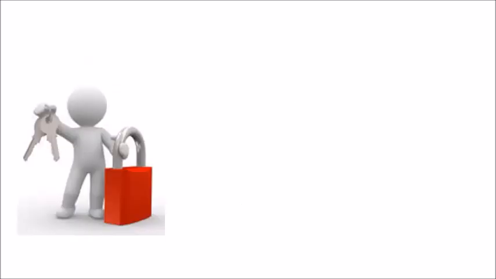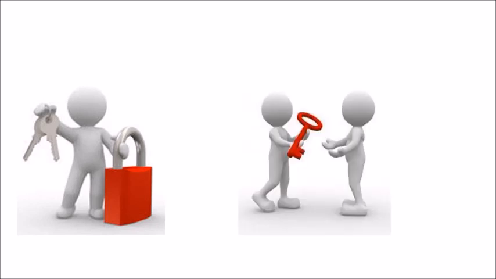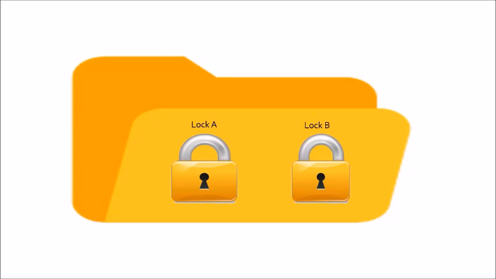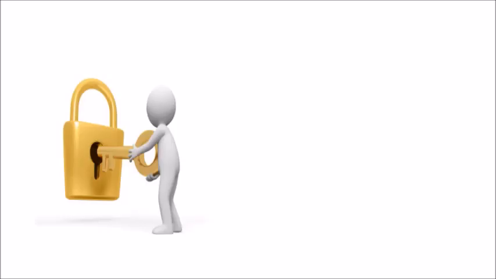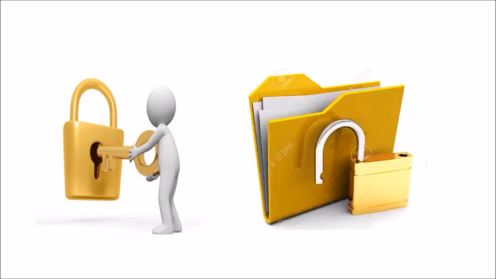If we want to send a message with a picture of our flower, we will tell our friend to get a box with two locks and two keys, a public key and a private key. In order for this to work, our friend would have to send us the public key and the box. The private key stays with our friend. This is the most important part of PGP: keeping the private key safe with the person who will eventually open the box. Then we put the picture in the box and lock it with the public key.